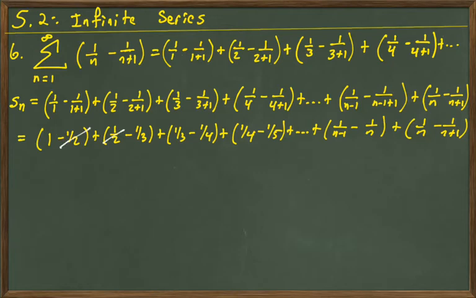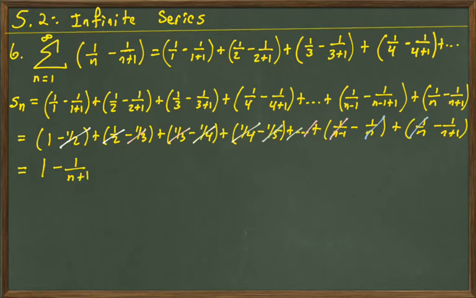So the 1/2's absorb, and the 1/3's absorb, and the 1/4's absorb. 1/5 would absorb with the next part of the next term. 1 over n minus 1 would absorb with part of the previous term. The 1 over n's absorb, and so we're left precisely with the very first term and the very last term. And so that is our partial sum formula.